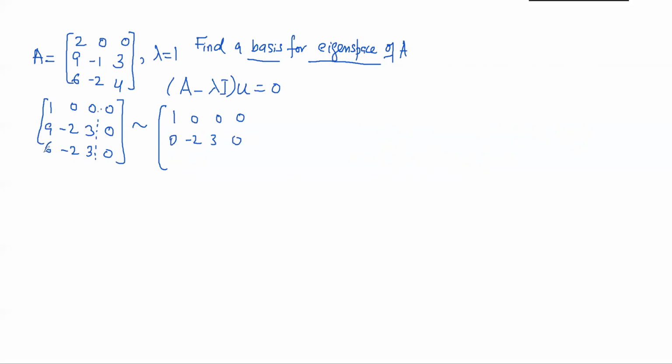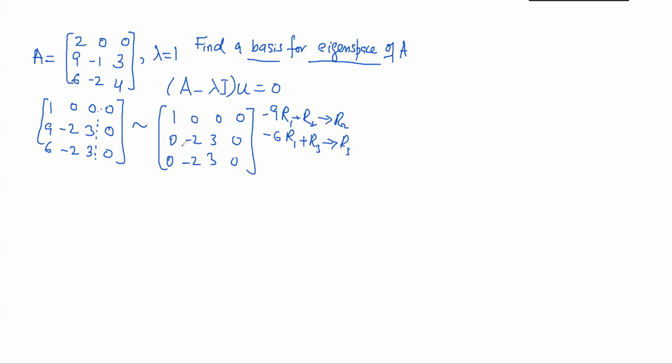And then over here, it will be 0, minus 2, 3, 0. So what I have done is I applied the row operation minus 9R1 plus R2. And you already know how these row operations work, okay?